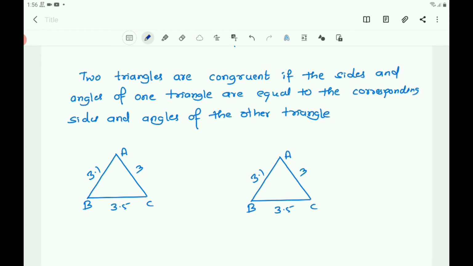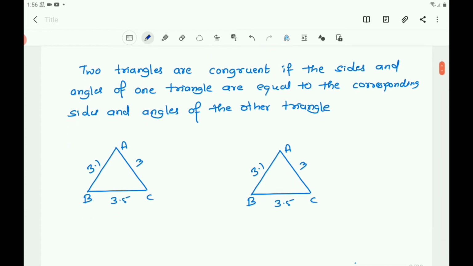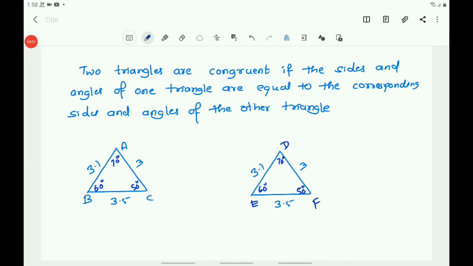So what are congruent triangles? Two triangles are congruent if the sides and angles of one triangle are equal to the corresponding sides and angles of the other. Observe the triangles ABC and DEF. In triangle ABC and triangle DEF, AB and DE have the same measurement.